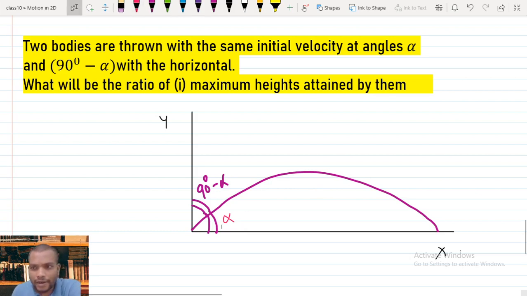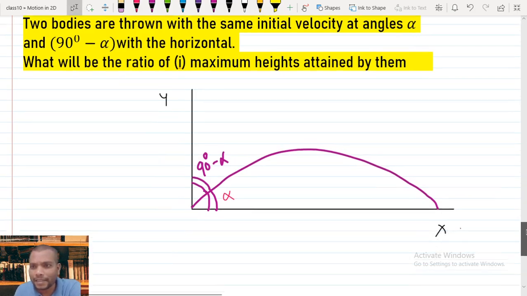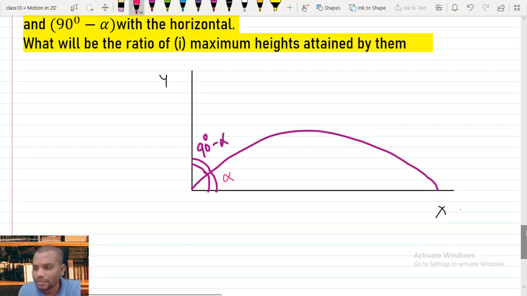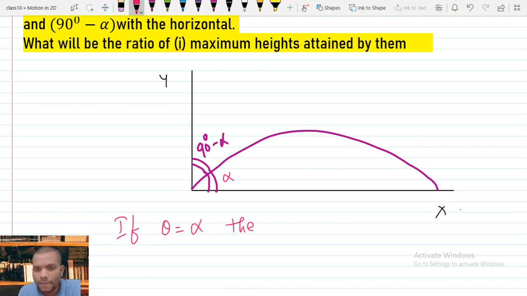Now here we need to find the ratio of maximum heights attained by them. A simple case. Now if theta equals alpha, the maximum height, what is the maximum height formula you get?